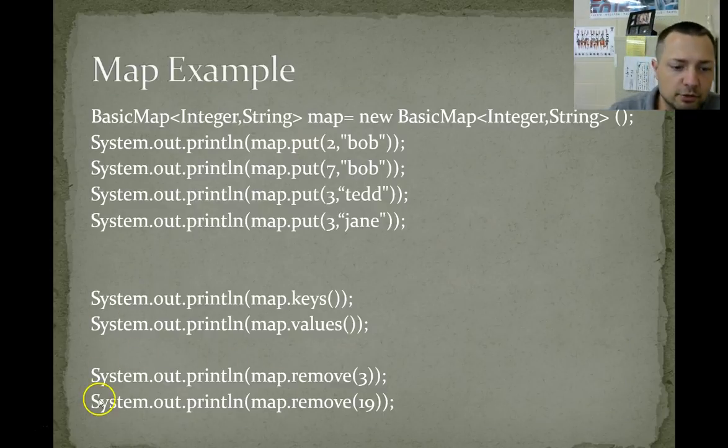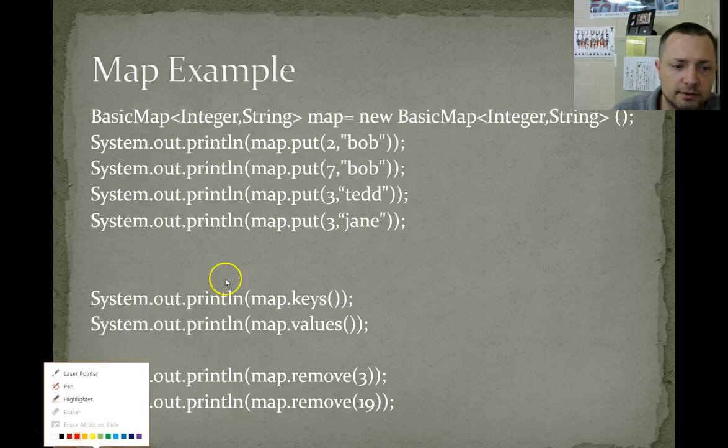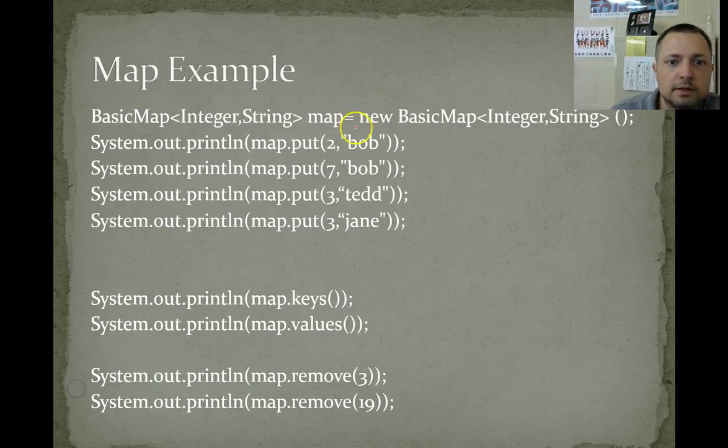All right, we're going to go ahead and do a quick example for this one, and we'll be done. So if I were to put 2 Bob, first of all, this would be null. I am replacing nobody. But then our map that has a key and a value would now have 2 Bob, sorry, lowercase b.